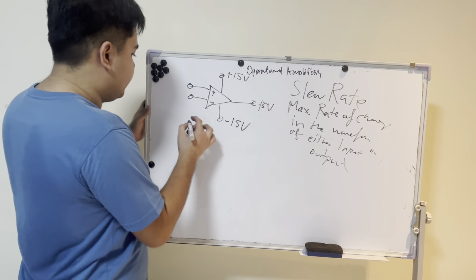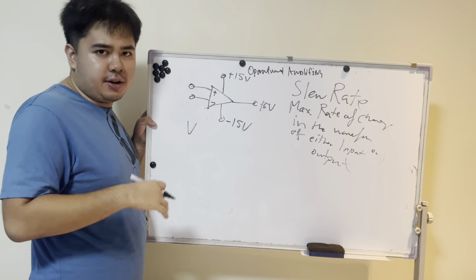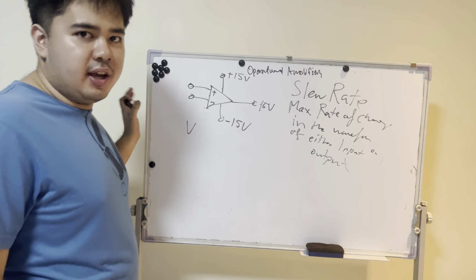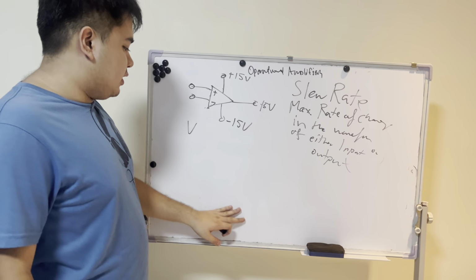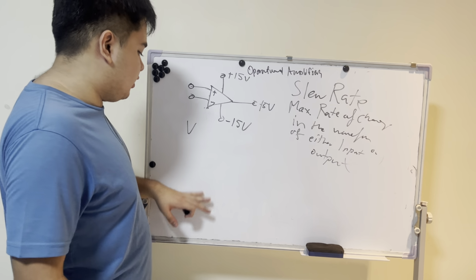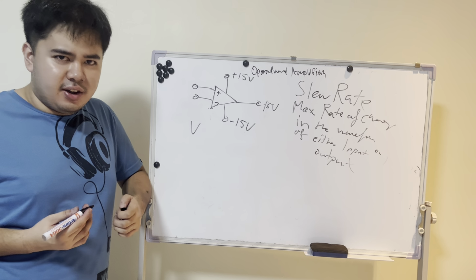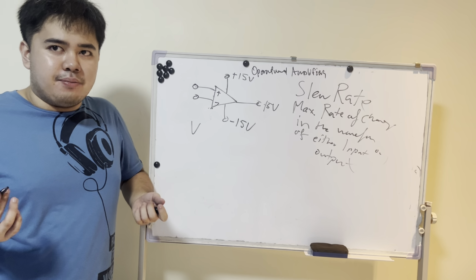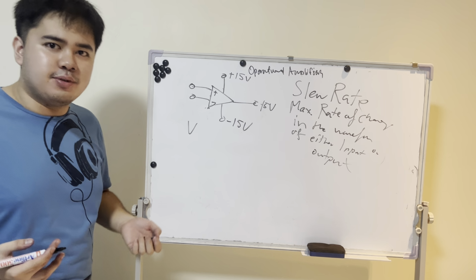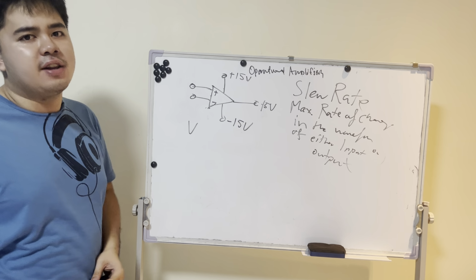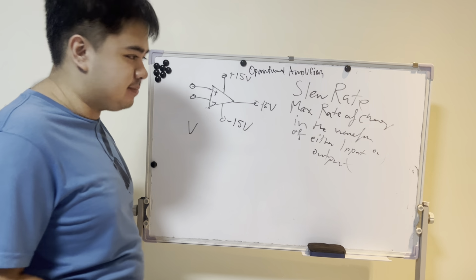Let's just have V. V has the highest amplitude sine wave of either of them, and let's just say this is a sine wave. The reason why in alternating current we only talk about sine waves and not square waves or whatever is because of the Fourier transform. Every signal is made of sine waves, so we can just look at sine waves and not think about anything else.